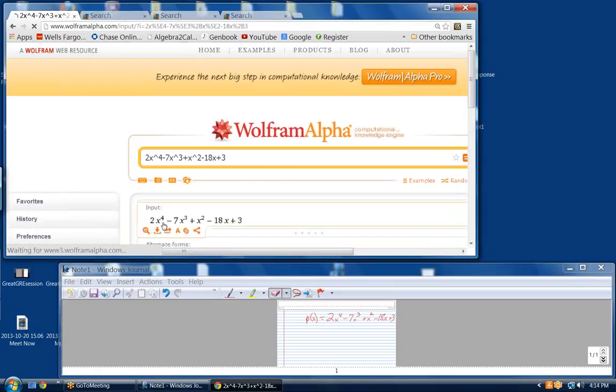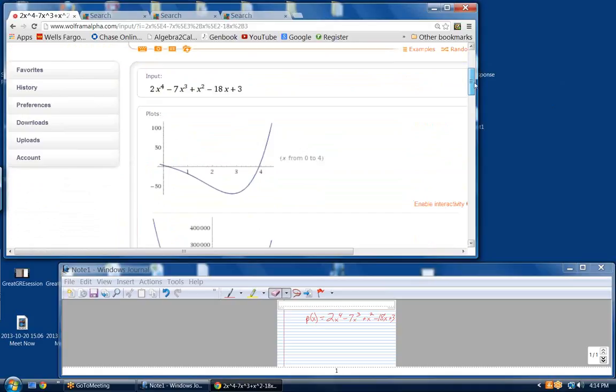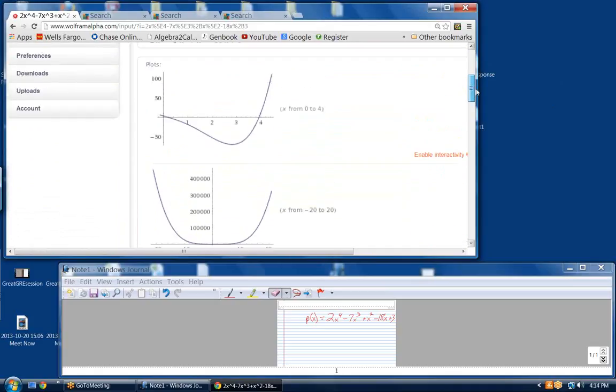Did I type it in right? Yes. Oh, yeah. Okay. So there's my function. It'll graph it, and it'll graph it in 2 different scales. So it looks like there's how many zeros? 2. Which probably means there's 2 real zeros and there's 2 complex zeros.